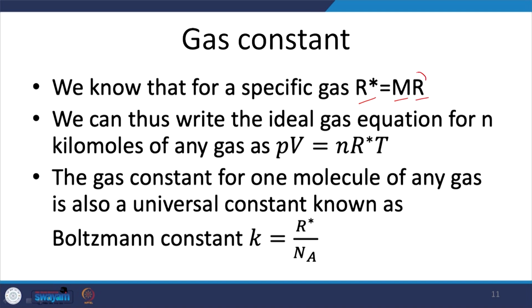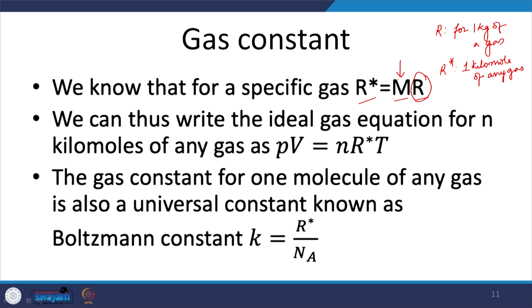So R is your specific gas constant, right. So basically the idea was you have defined R for 1 kg of a particular type of gas, and you have defined R star, which is the same for 1 kilomole of any gas. So you take the molecular weight, then you can get back R star as R times capital M.